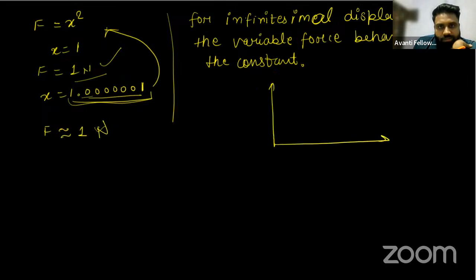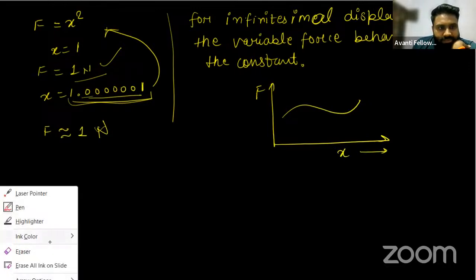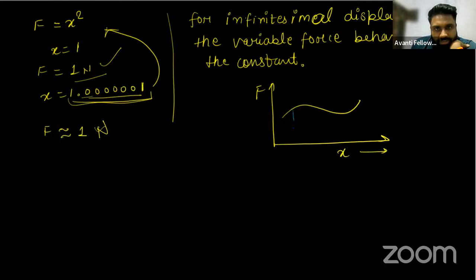So this is the force which is varying with respect to x. We have considered a small strip in it, having length dx, and the object is displaced from here to here along the x-axis.